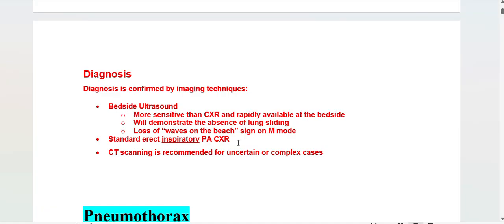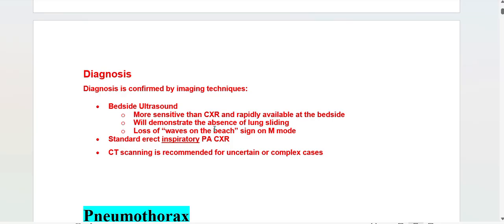Standard erect inspiratory PA X-ray: if we need to, we will do this X-ray. CT scan is recommended for uncertain or complex cases. So remember that the initial investigation is X-ray, but in tension pneumothorax we will do the FAST ultrasound, bedside ultrasound.